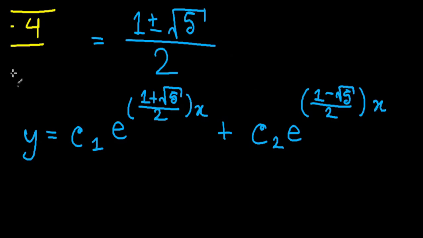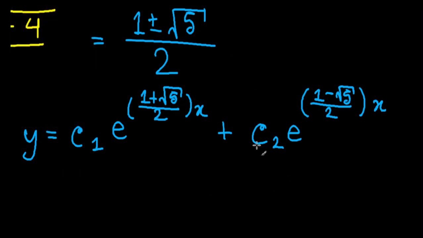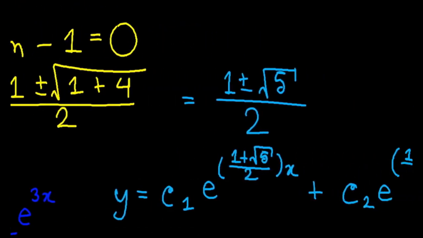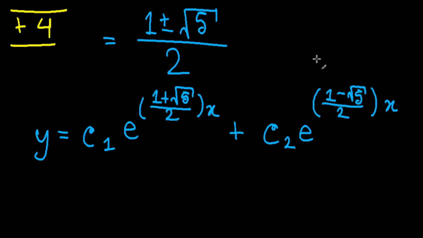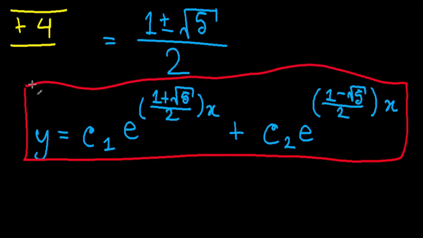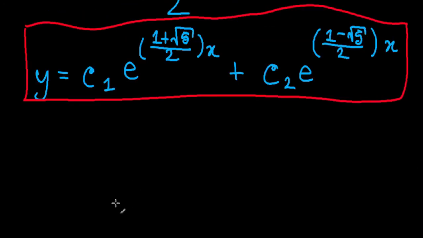The main reason I did this problem is that sometimes we'll have to use the quadratic formula. Another thing is, no matter how not so neat the real solutions look, as long as you have real solutions, the process is always the same. You just solve your characteristic equation and plug the solutions in here, and you'll get your general solution. Then if you have some initial or boundary conditions, you can find your particular solution.